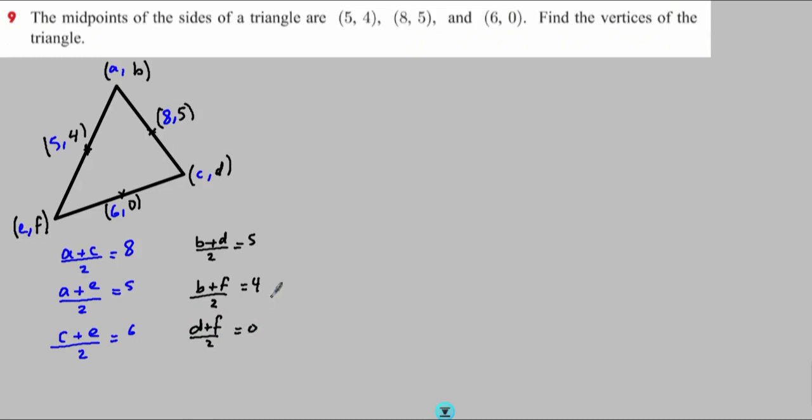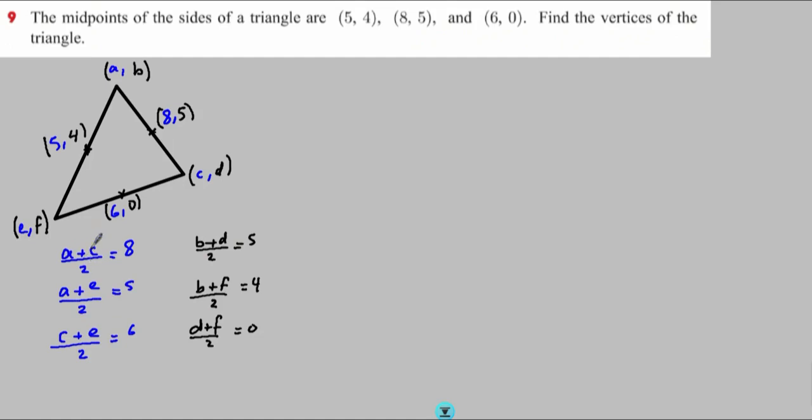So as you can see, we have 3 pairs of equations. This set contains A, C and E, and this set contains B, D and F. Those are the x coordinates of the points, and those are the y coordinates of the points. Obviously, in all cases we can multiply both sides by 2 to get rid of the fractions.